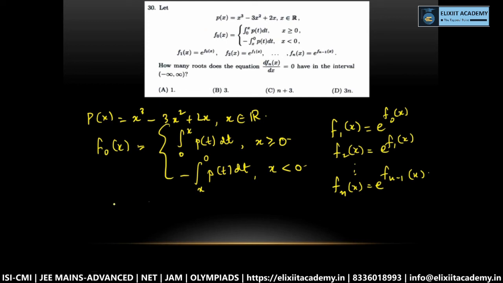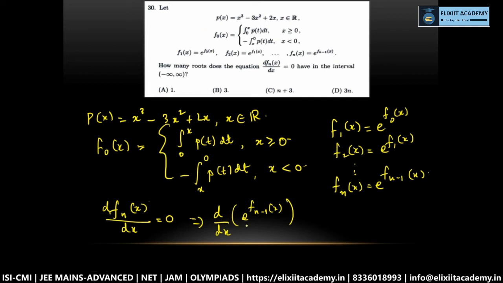So this equation is dfnx divided by dx equals to 0. First, understand this question. This is such a simple question. First of all, what is dfnx? Fnx is e to the power fn minus 1x.